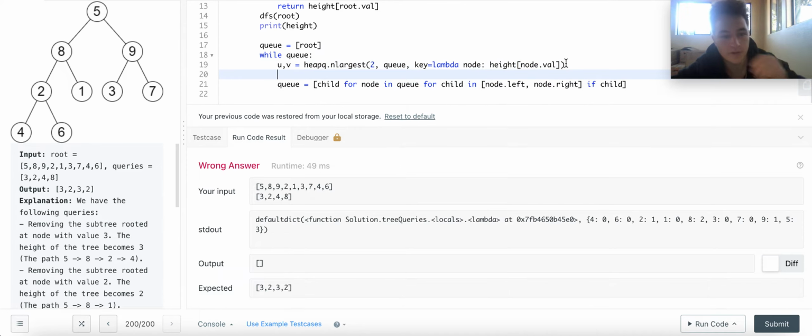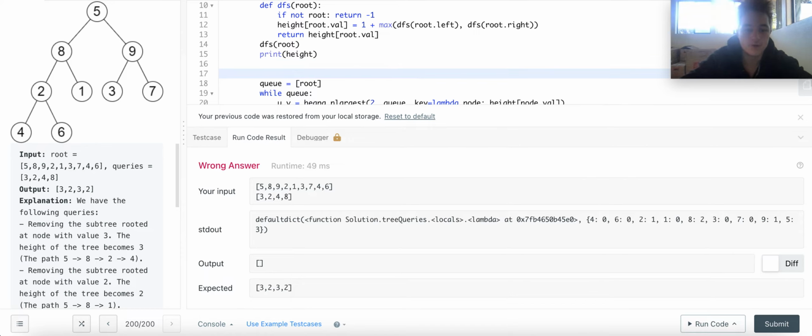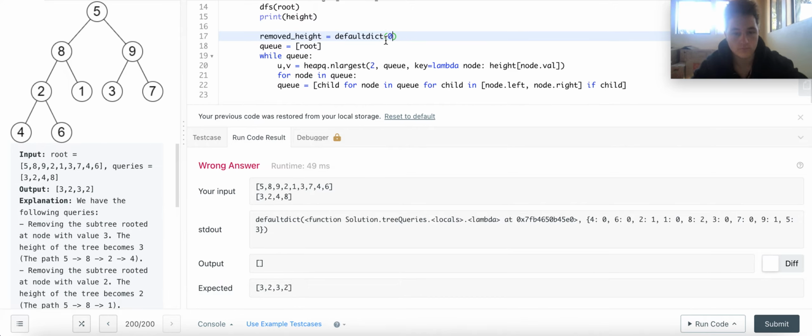So then we'll have U and V. And then for each node in Q, we're going to create a new array called removed height, a default dict with lambda 0.